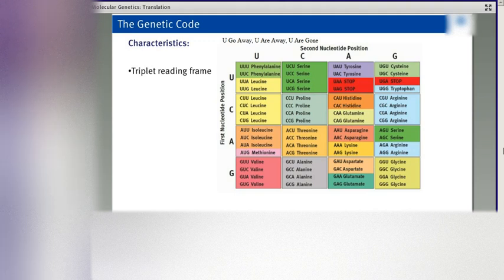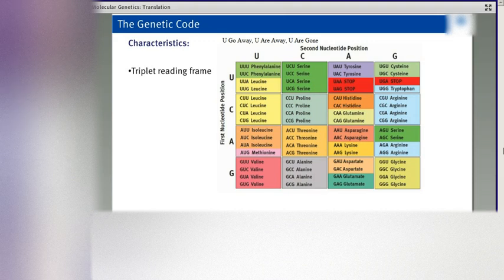Now, I like what Shima's saying down here. We've got third base wobble. What does that mean? What is third base wobble? Yeah, you can have a substitution in the third base, and most of the time it's going to be fine.